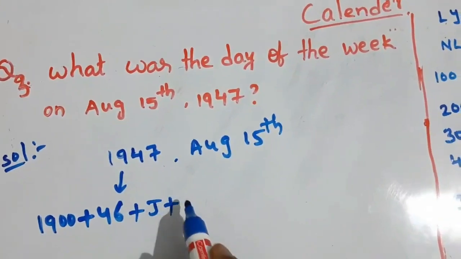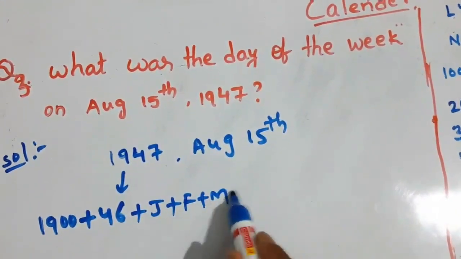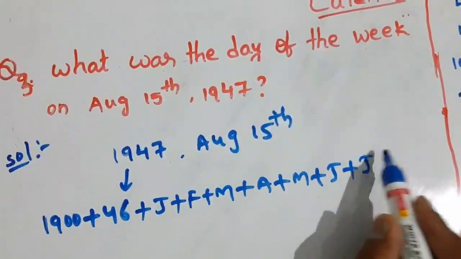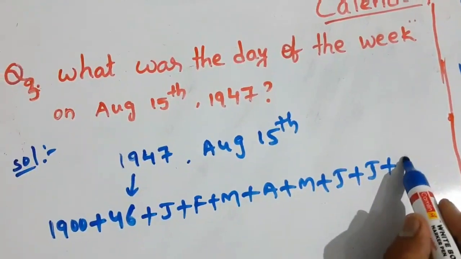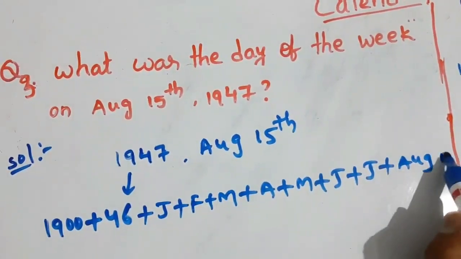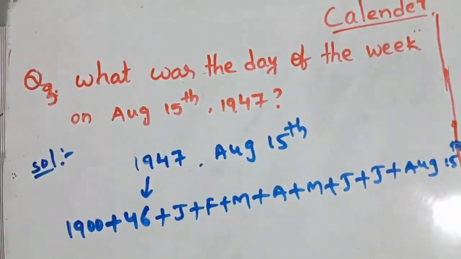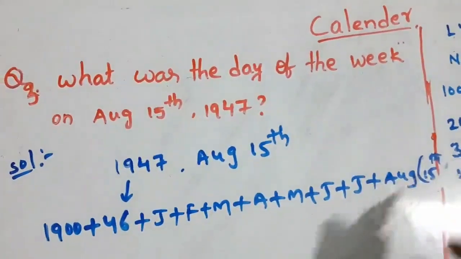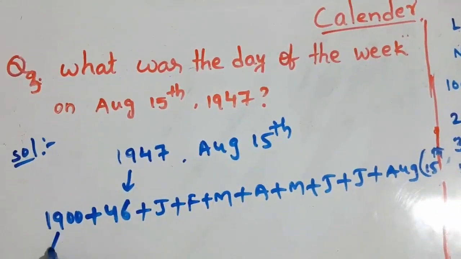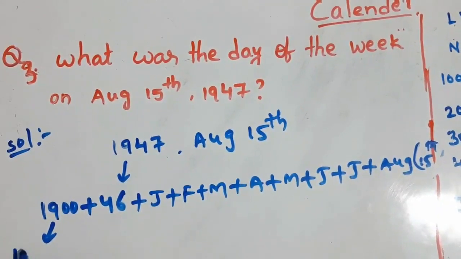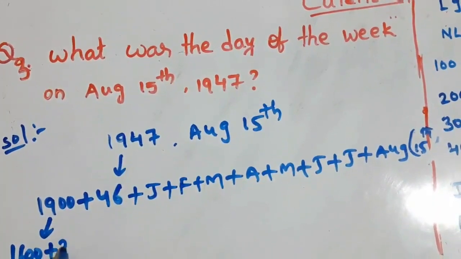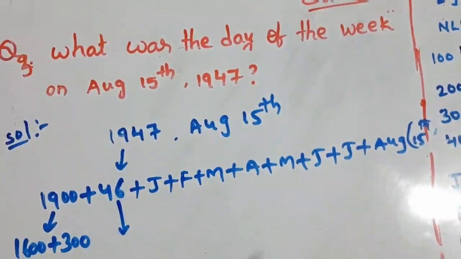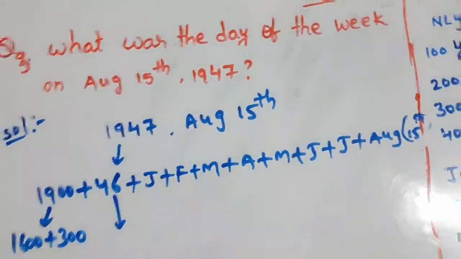January completed, February, March, April, May, June, July and August, till August 15th. Now I can write the 1900 years as 1600 plus 300. And in 46 years, how many leap years are there? I have to check. How to check?